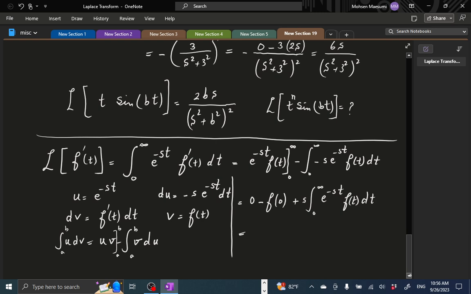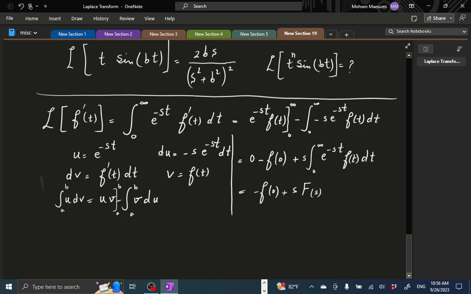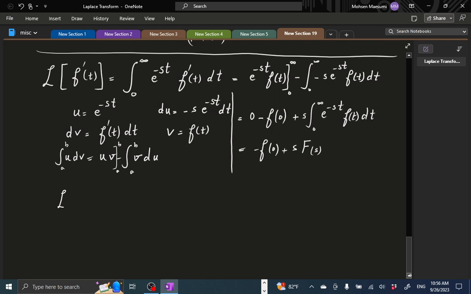And that boils down to minus f of 0 plus s times F. This whole thing is just the Laplace transform of f. So what we established is that the Laplace transform of the derivative of a function is minus the initial value of that function plus s times the Laplace transform of the function itself.